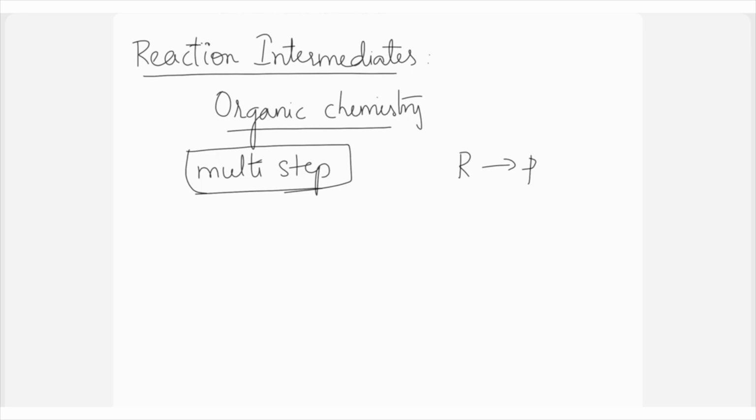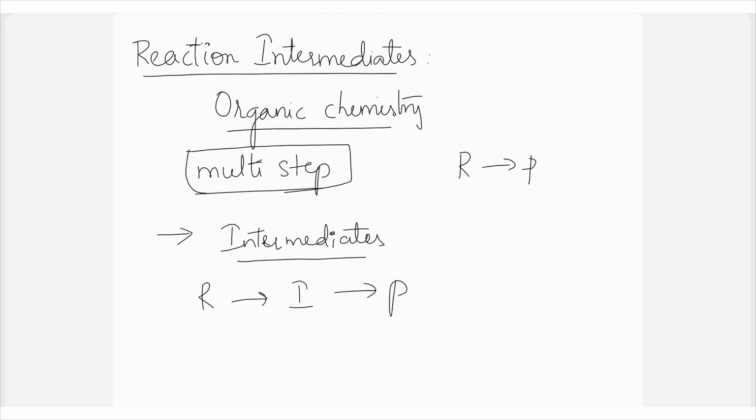So in such a case, in any of the steps, we get intermediates. Now what are these intermediates? They have a very short span of life and they convert into the products. So a reactant converts into some intermediate and then it converts into products.